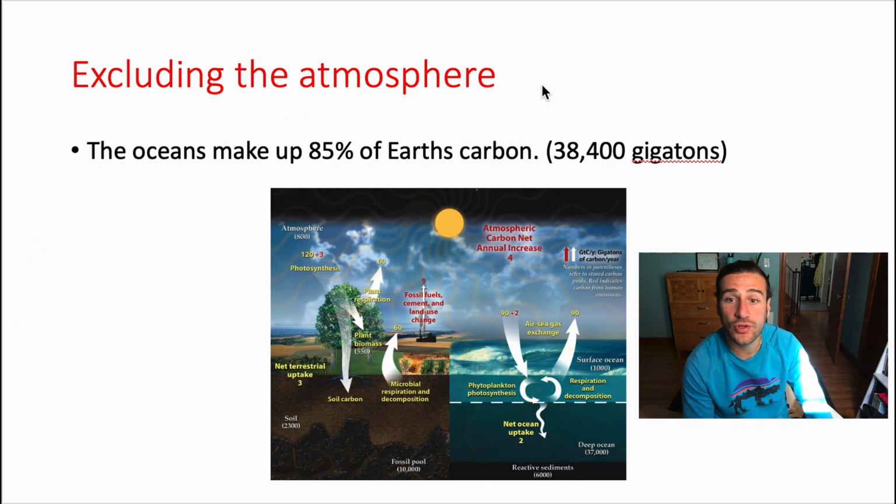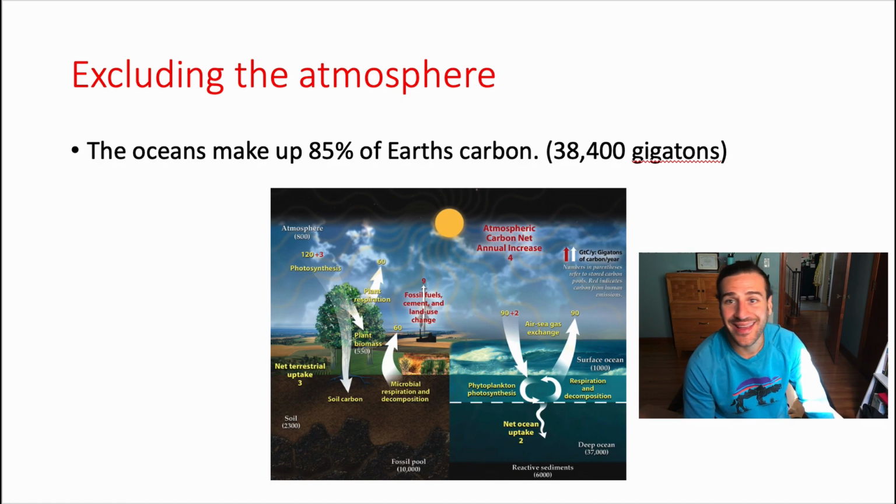Now that is excluding the atmosphere. Excluding the atmosphere, oceans make up the majority of Earth's carbon, which is 38,400 gigatons, right? I can't even really fathom how large that number is, but carbon is freely diffusing into the oceans and is being sequestered by algae.